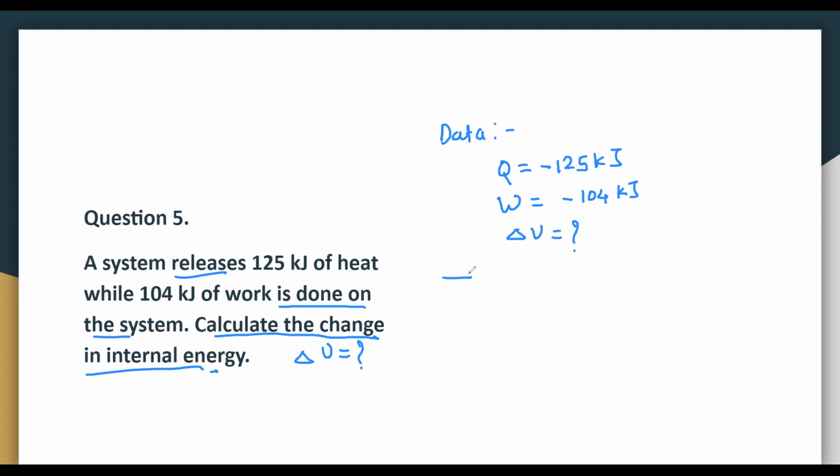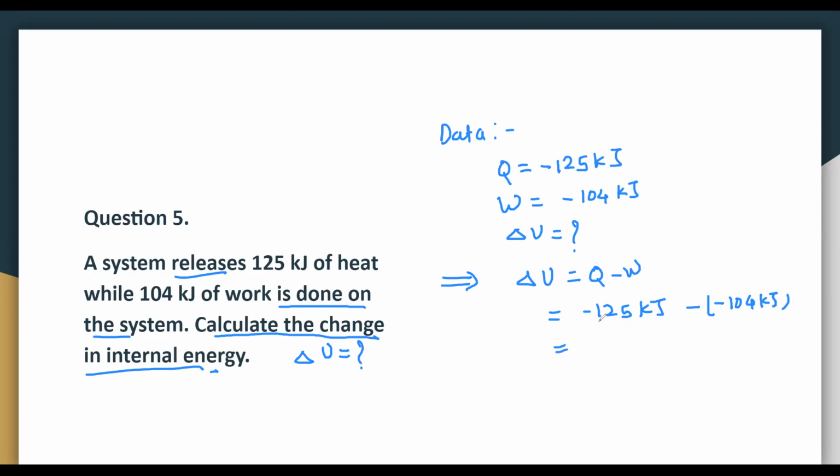According to first law of thermodynamics, change in internal energy is equal to Q minus W. So minus 125 kilojoule minus, minus 104 kilojoule.